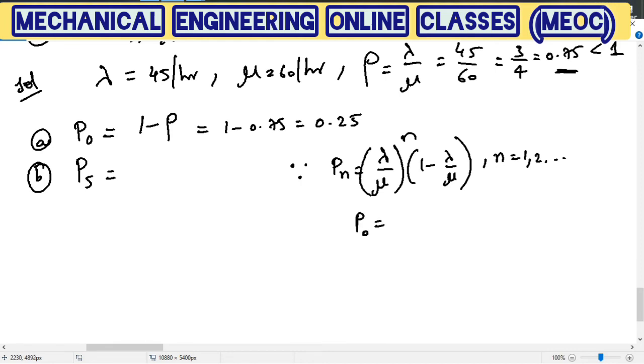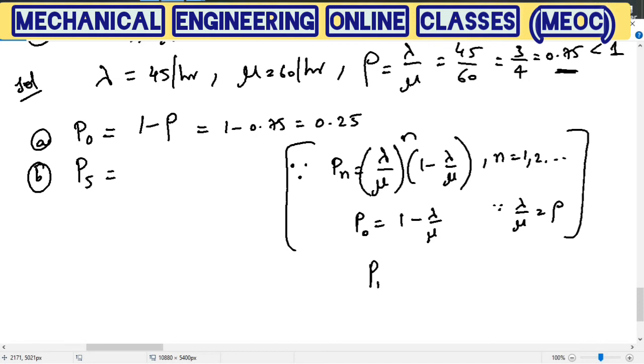So P0 will be 1 minus lambda by mu. Since lambda by mu is rho, let me write Pn in terms of rho. It is rho power n multiplied by 1 minus rho. So P5 will be rho power 5 into 1 minus rho.